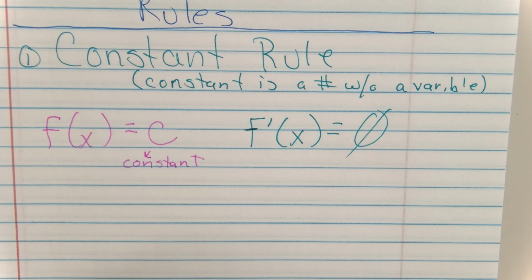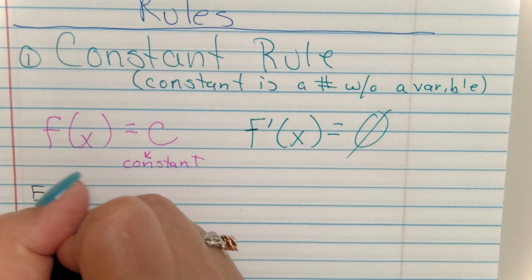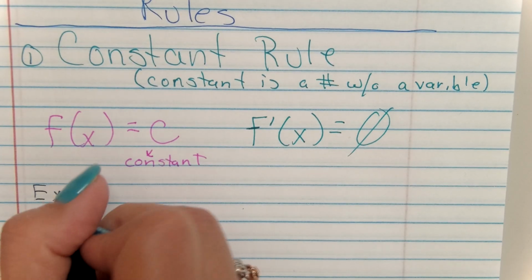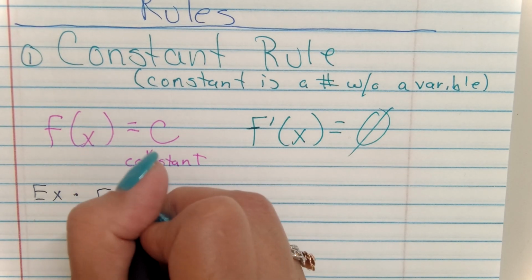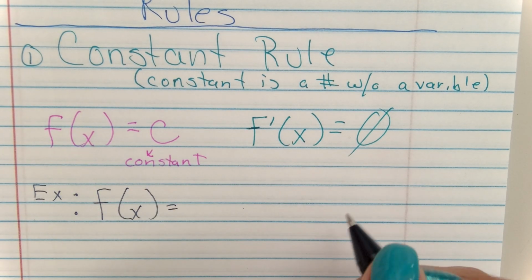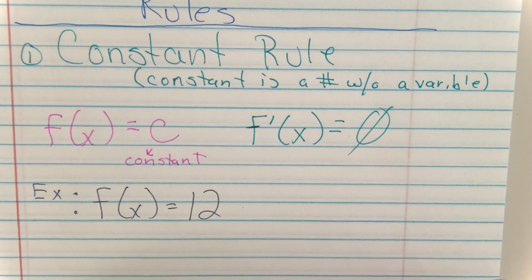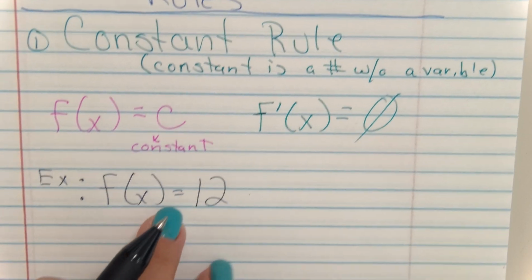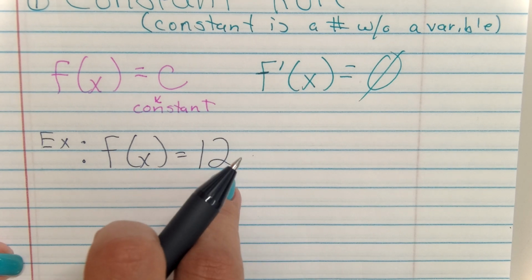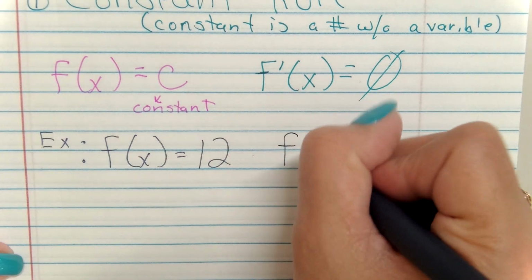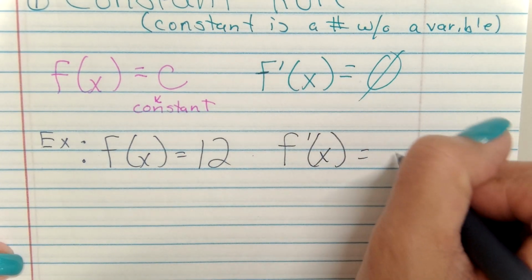Let me give you a quick example. So here's an example. If I have f of x is equal to 12, this is a number without a variable, is a constant, then the derivative is equal to 0.